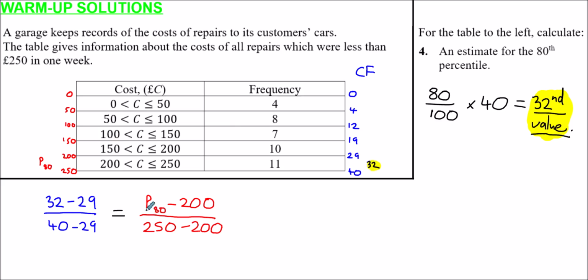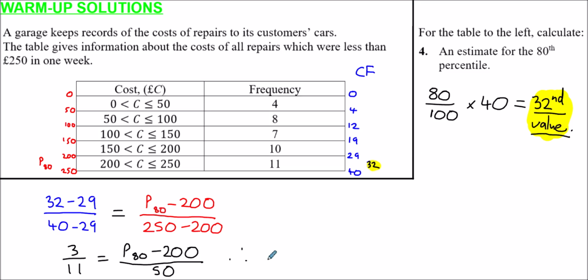So let's simplify this. 32 take 29 is 3, 40 take 29 is 11. The top gives us P80 minus 200, and at the bottom 250 minus 200 is 50. So we can now rearrange this to find the 80th percentile.